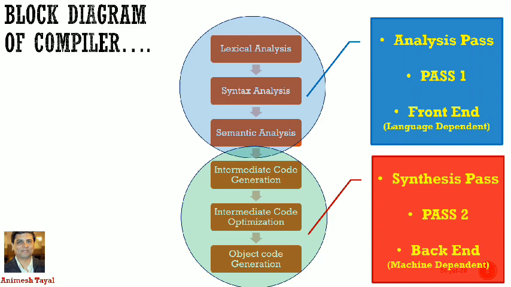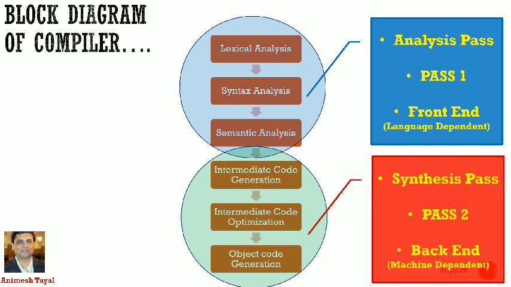So it's our understanding. First three phases, that means lexical, syntax and semantic analysis. These are user dependent, means language dependent phases, also called front end. So this pass is called pass 1, or you can say analysis pass. So generally compiler is divided into two passes, analysis pass and another one is synthesis pass.